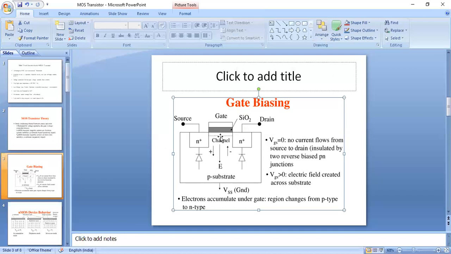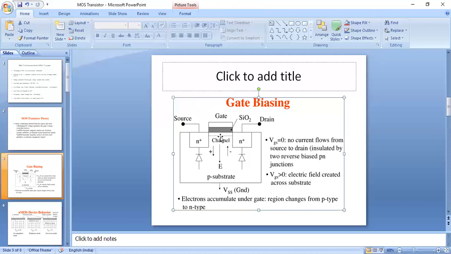So the region below the silicon dioxide is occupied by N type material. If the gate voltage is sufficiently large, the region under the gate changes from P type to N type.